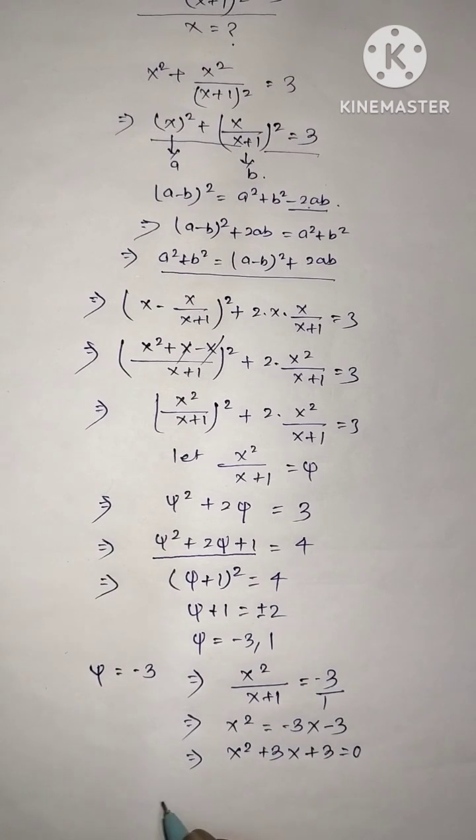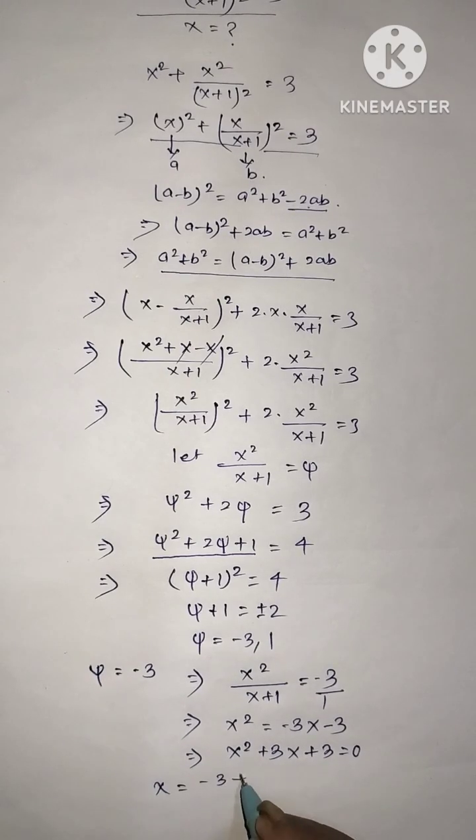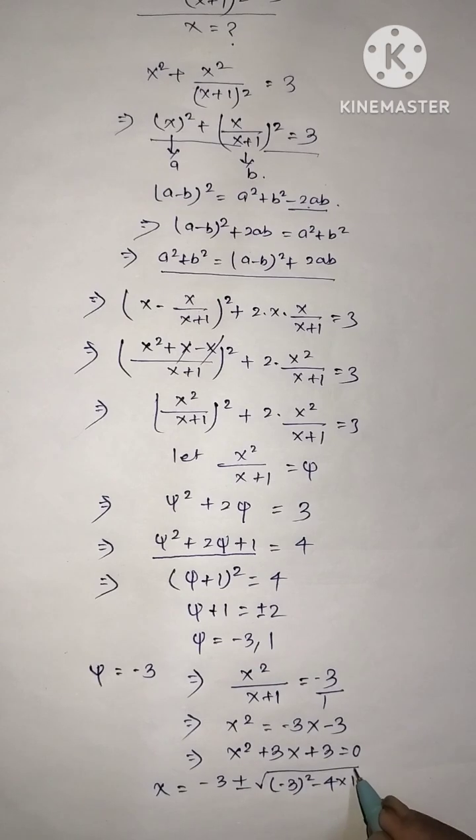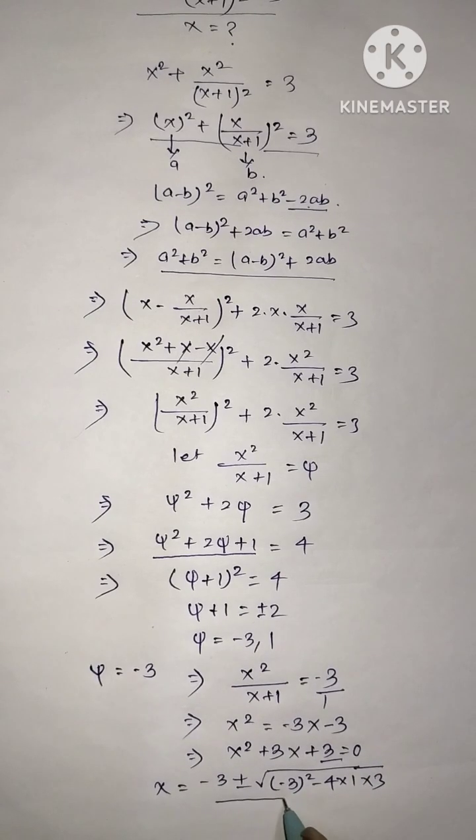And here I will use the quadratic equation formula to find x. This will be minus 3 plus minus square root of (minus 3) square minus 4 times coefficient of x square, this is 1, times 3, over 2 times 1.